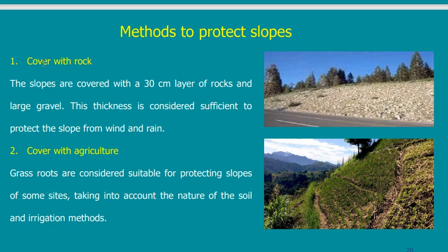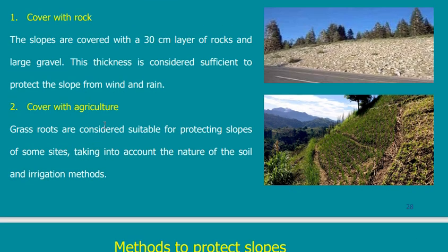How can I do this? I can cover it with rock. Easy, you have seen this a lot. I can cover it with planting. I can just put some plants, and the roots of these plants, of any cultivation, will go inside this slope, and it will help in keeping this slope in place.